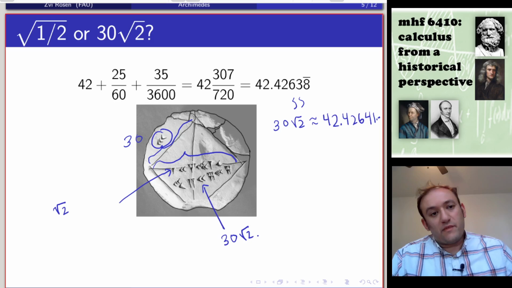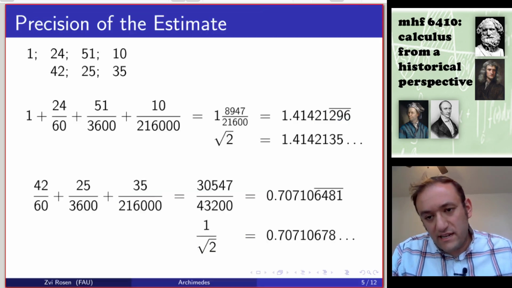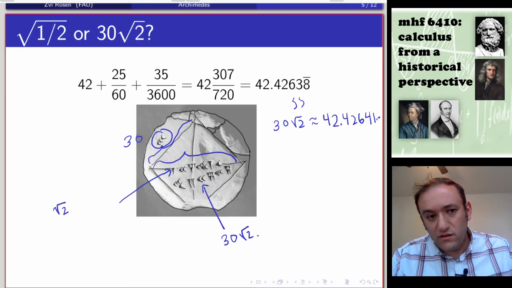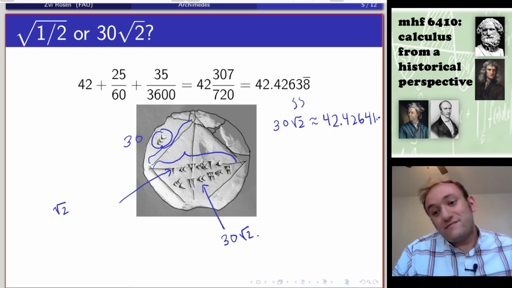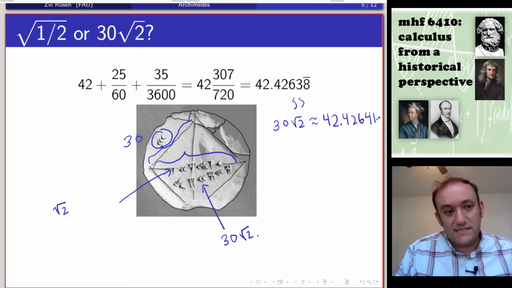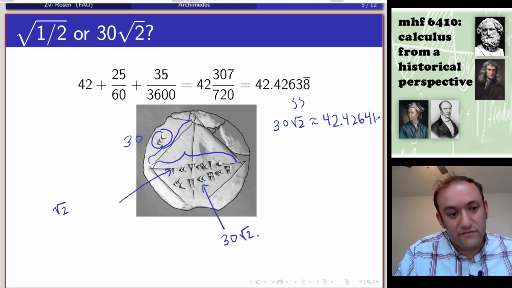And then a natural question is, how is it possible that 1 over the square root of 2 and 30 times the square root of 2 would be so similar that you could mistake one for the other? Well, it's a simple consequence of this base 60 system.